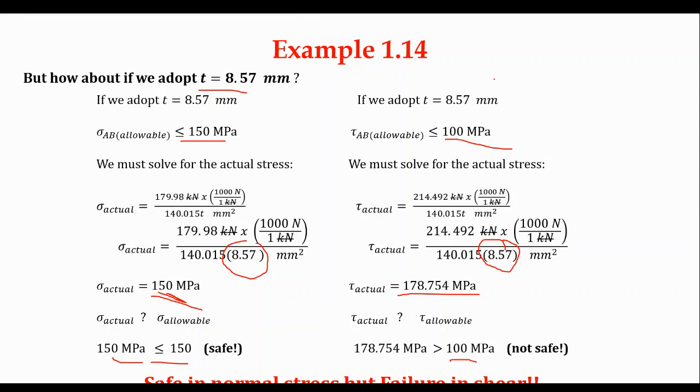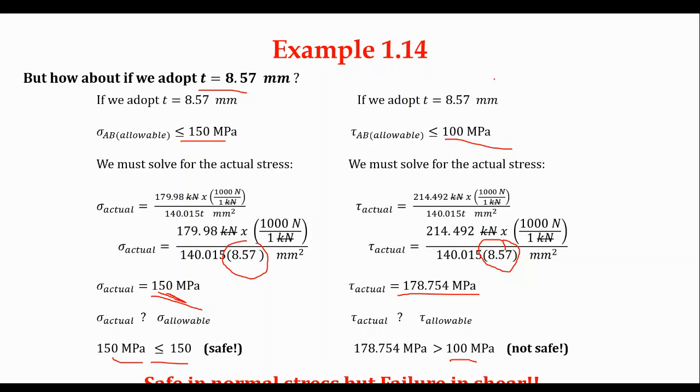So safe sa normal but fail sa shear, dili gyapon na siya pwede. Kasi the moment na yung thickness mo gipagamyan at 8.57, nag-fail na siya sa shear. So para safe and para okay ang design, both parameters should be satisfied.